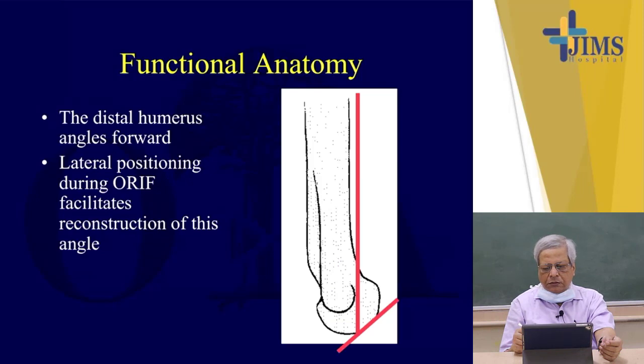If you take a look at the bone, the distal end of the humerus, you will see that the distal humerus angles forward. This is the shaft angle, and this is the distal end. This is an angle forward.